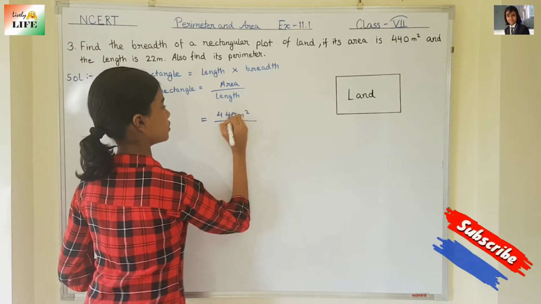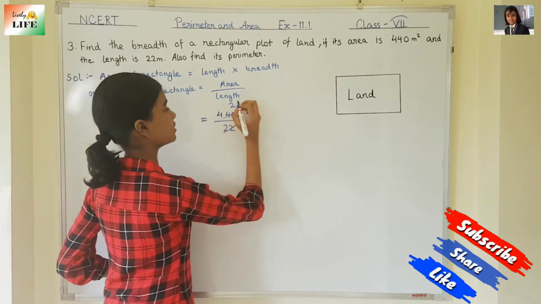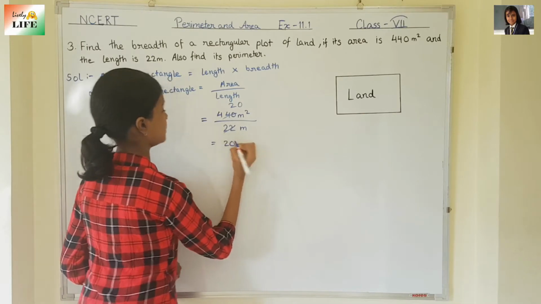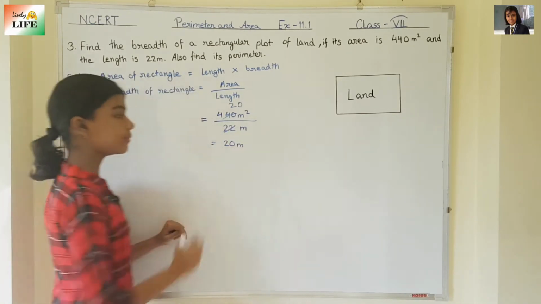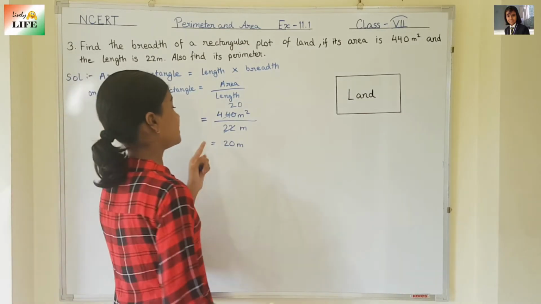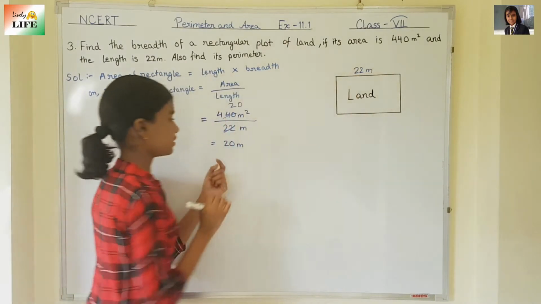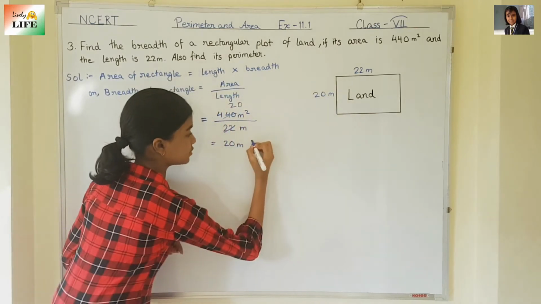So 22 2s are 44 and then 0. So 20. And breadth is not meter square, it will be meter. So what is the breadth? It is 20 meter. The length was already given, and the breadth we have found out is 20 meter. 20 meter is the answer.